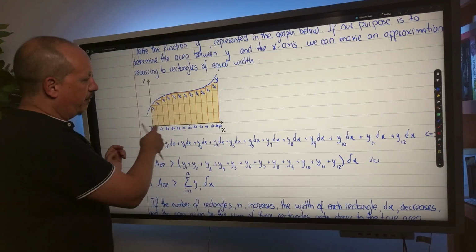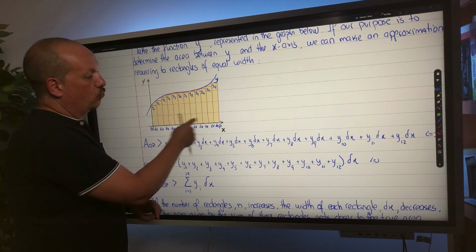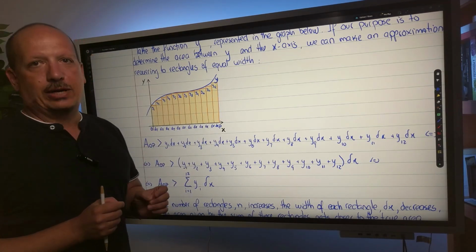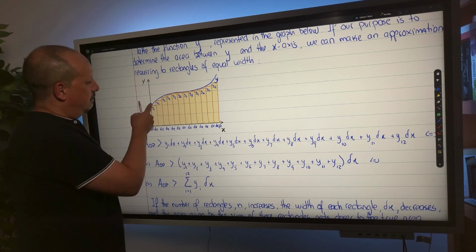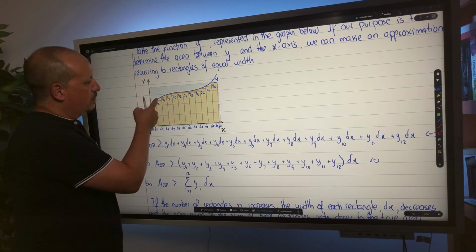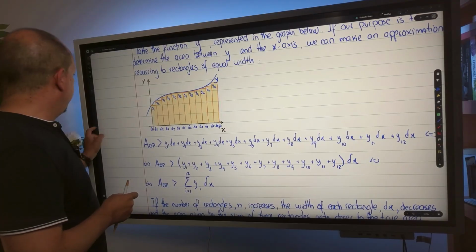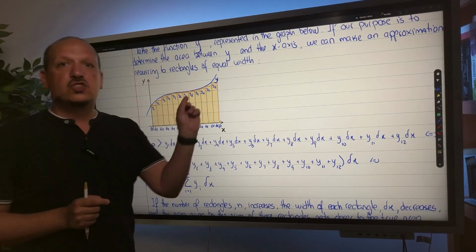right? Instead of having 12 rectangles, you would have, let's say, 24, if you double the number of rectangles, these areas over here that are not contemplated by the area of the rectangles would be smaller.